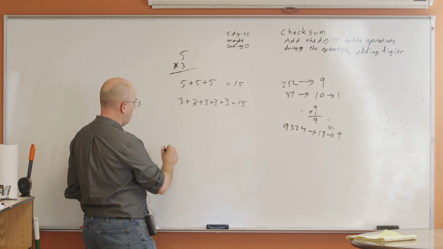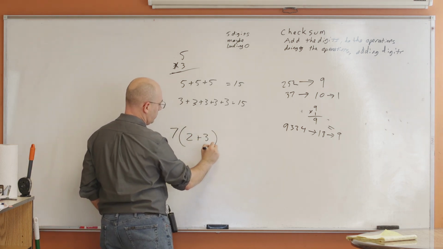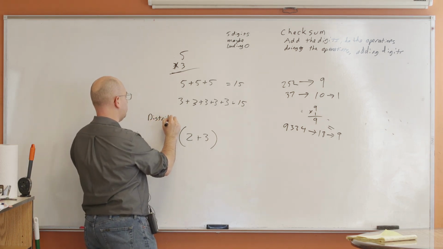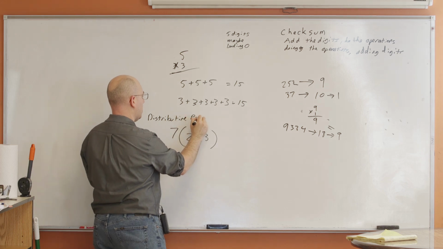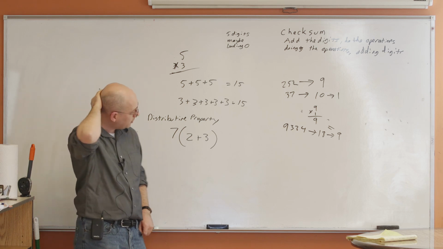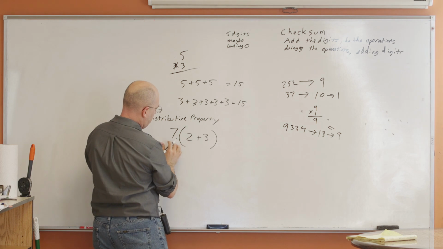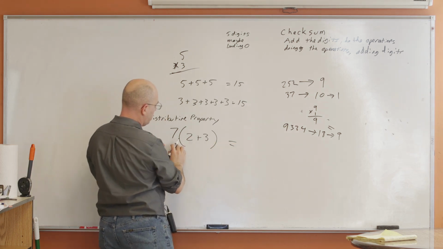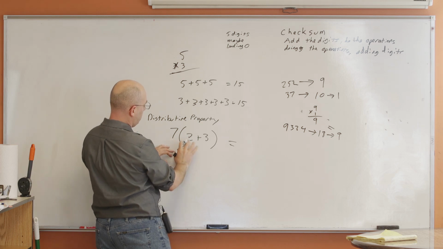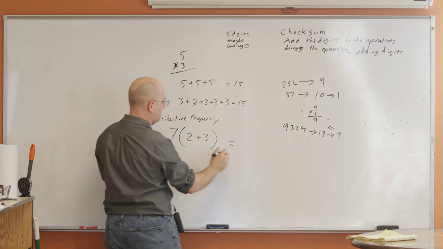Now, one property that's pretty important is the distributive property. Neither algebra nor division would get very far without this property. And it basically means that you can do the sum first and then do the multiplication, or multiply each of the terms and add them.